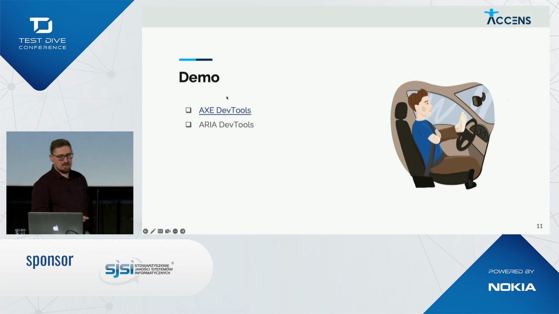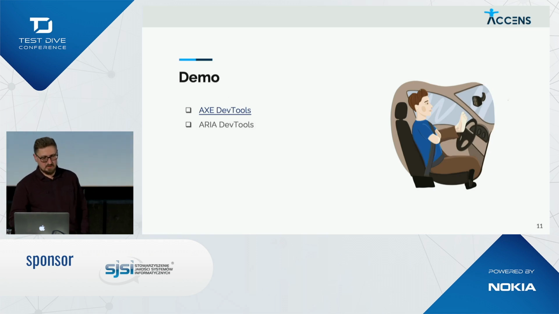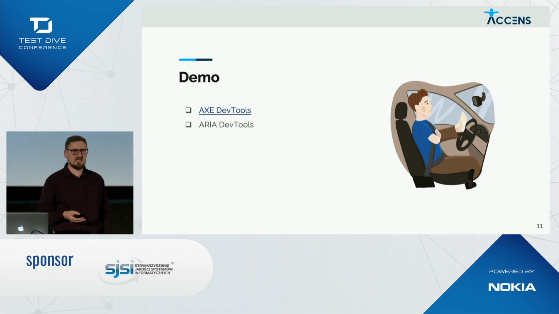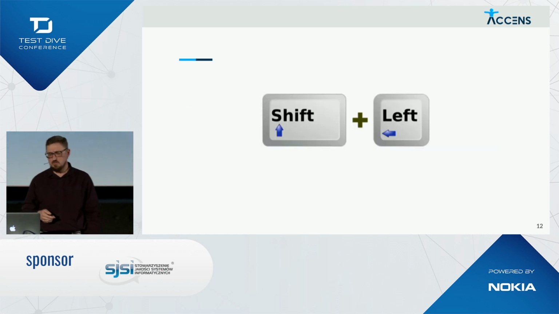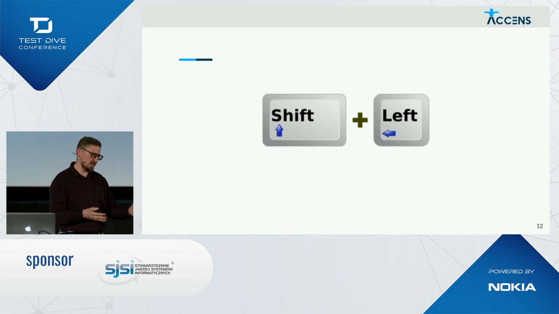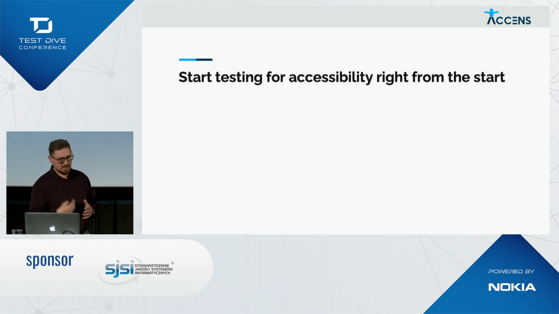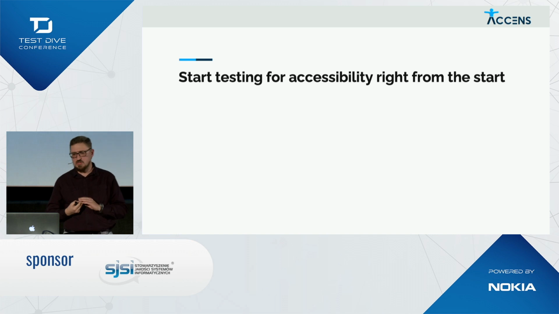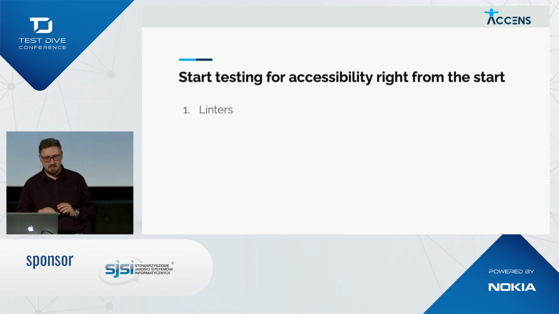Perfect. So we saw the demo of the tool, where we were just testing a ready product. But what I want to show you now is that we want to do the testing earlier, as soon as possible, so shift left, and start testing accessibility right from the start.